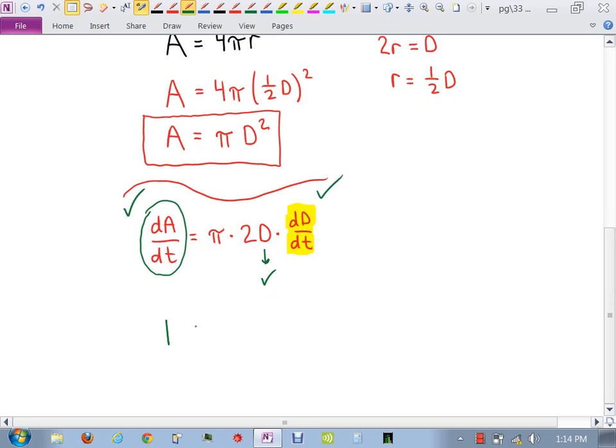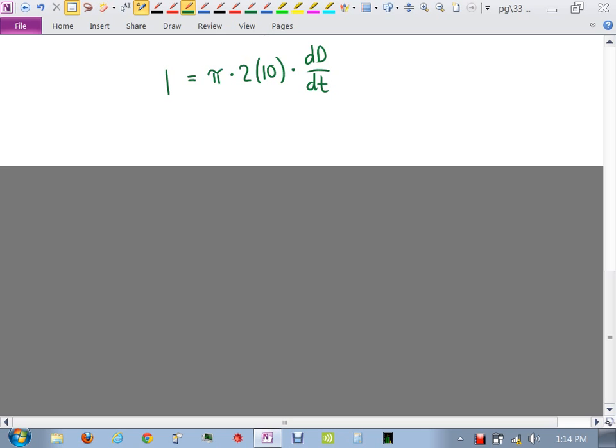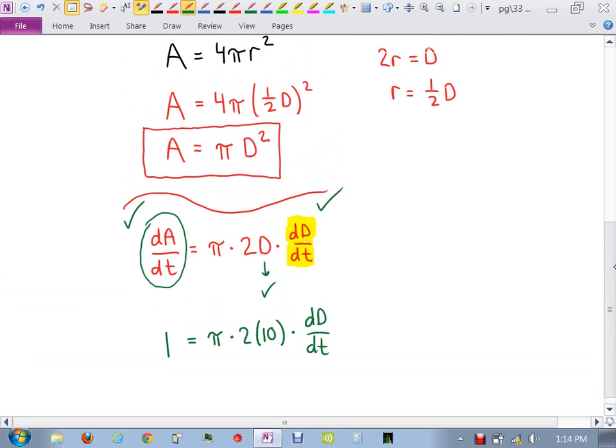I'm going to plug in 1 equals pi times 2 times the diameter, which is 10, times dd/dt. One divided by 20 pi equals dd/dt.